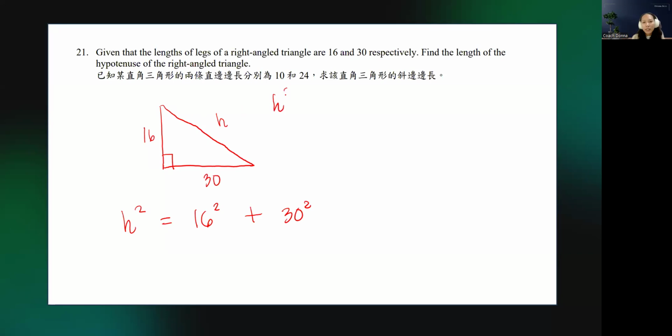In general, hypotenuse squared is equal to leg A squared plus leg B squared. Or we could have another form: h is equal to the square root of leg A squared plus leg B squared.